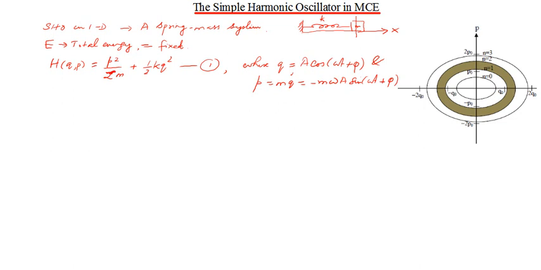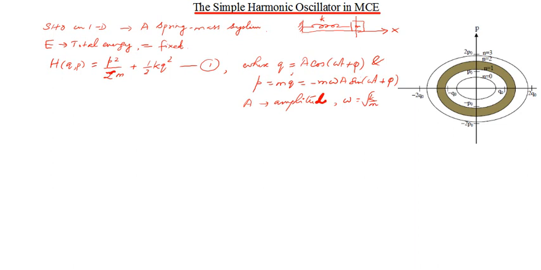So these are the Q's and P's. What is A here? A is of course the amplitude, omega is the angular frequency, and omega is equal to root of K by m. Recall all those facts.